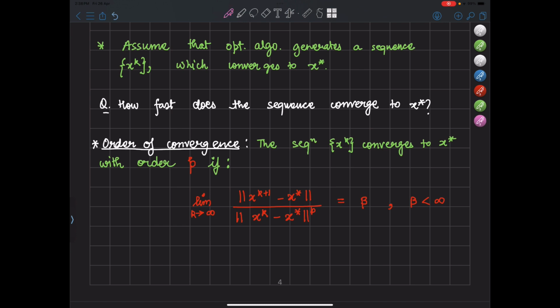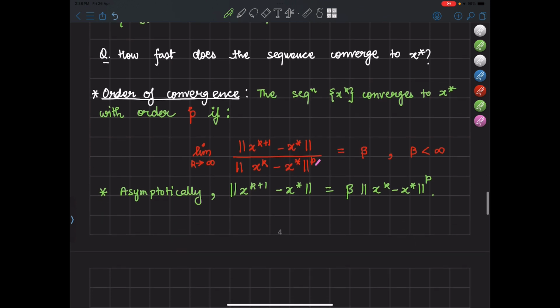Please note, order is in the power of the denominator. This statement asymptotically means that, if k is very large, the norm of xk plus 1 minus x star should be equal to some beta times the norm of xk minus x star to the power p.